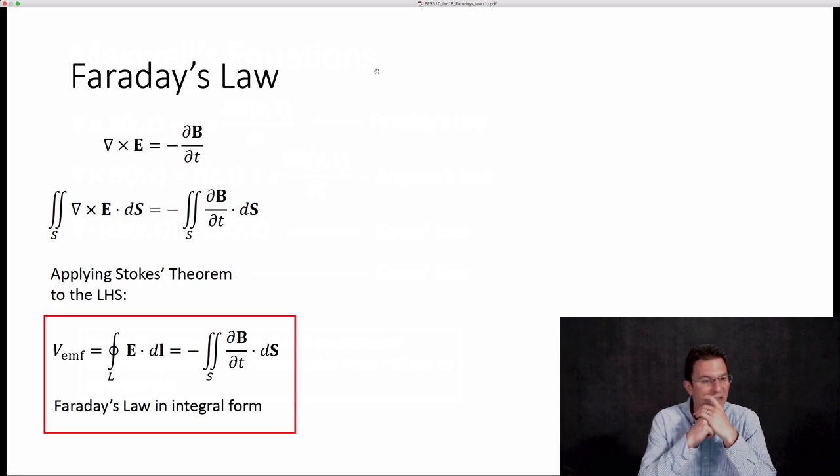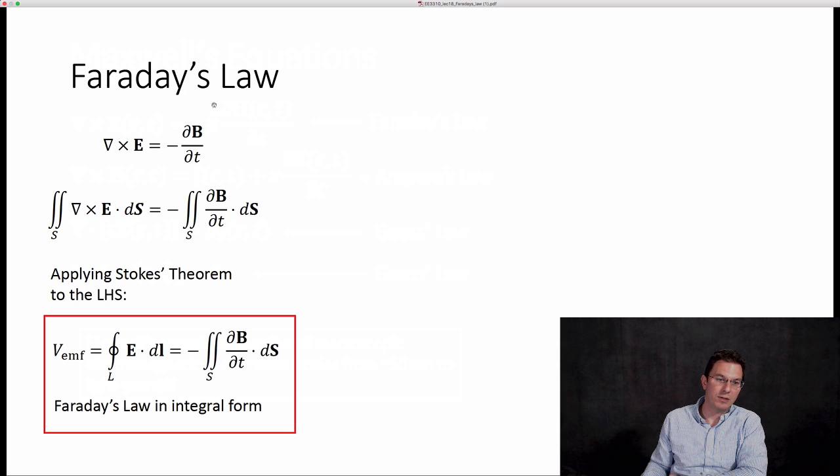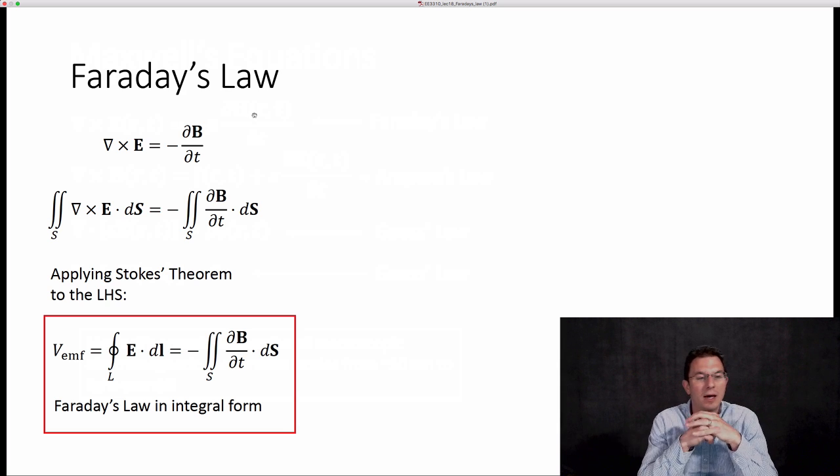Well, let's really dive into Faraday's law now and consider this in detail. So here it is. Faraday's law in differential form says that the curl of the electric field is equal to minus the partial derivative with respect to time of the magnetic flux density B, in a nutshell.